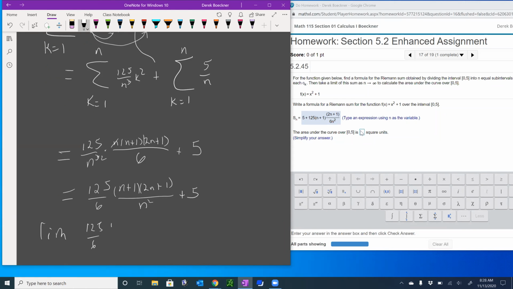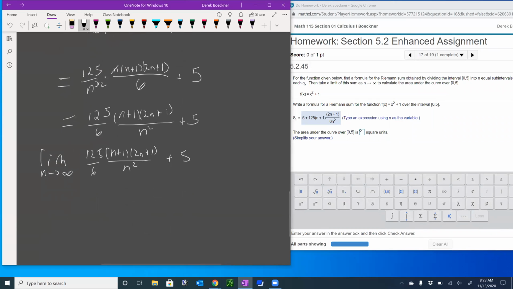Let's write this out. This bit goes to 2, right? Because of that leading 2. So this is equal to 250 over 6 plus 5, which is going to be 280 over 6, which is 140 over 3.